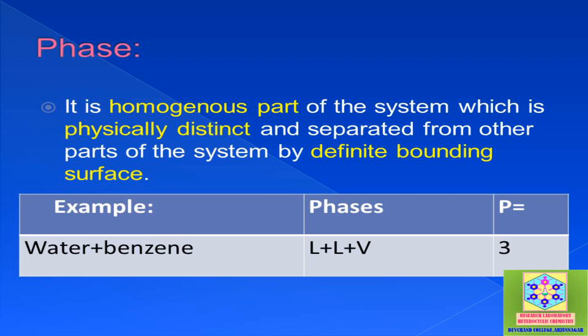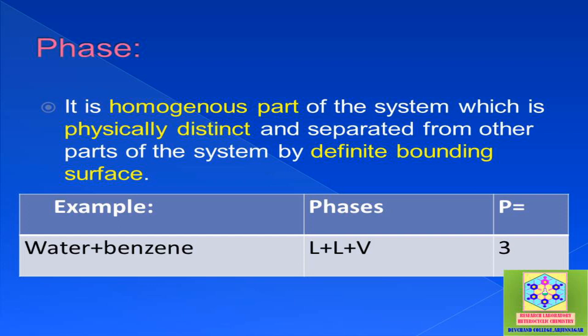Another example is that of water and benzene or any immiscible liquid. If these two, benzene and water, are mixed together, being immiscible into each other, they form two different layers. Water forms the lower layer and benzene forms the upper layer.